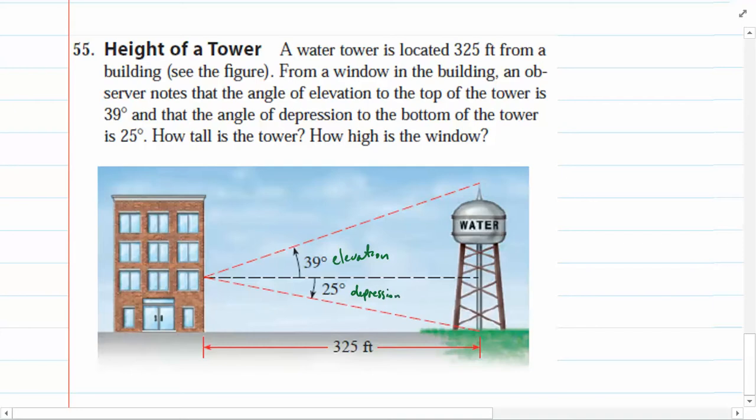They both create right triangles, so we can establish the opposite side lengths, x and y, or a and b. I'll use x and y here. Our job is to determine how tall the tower is, and we can also figure out how high in the air the window is as well.